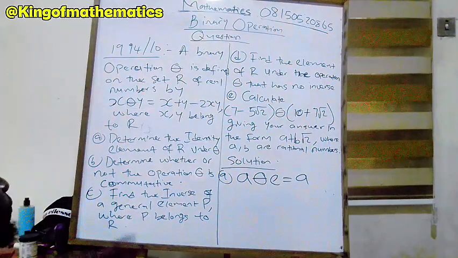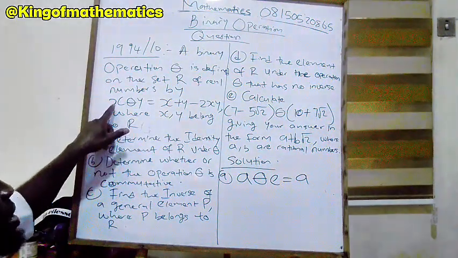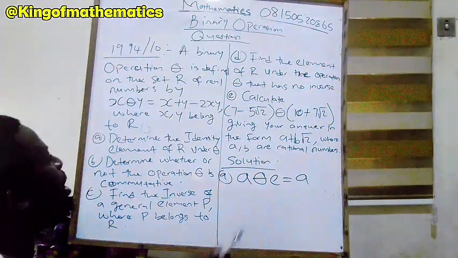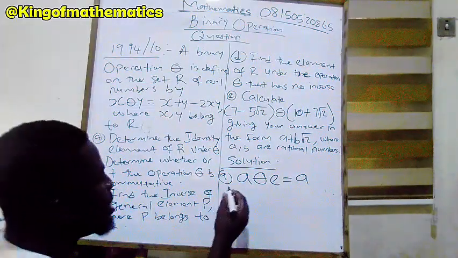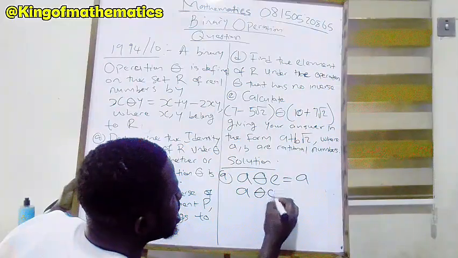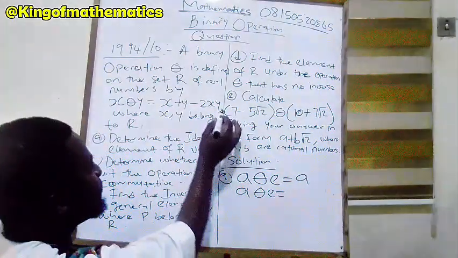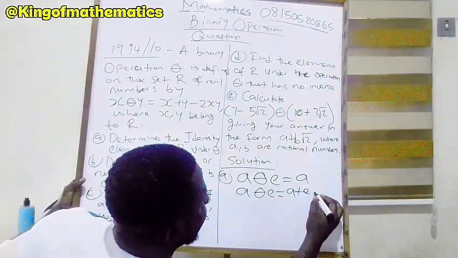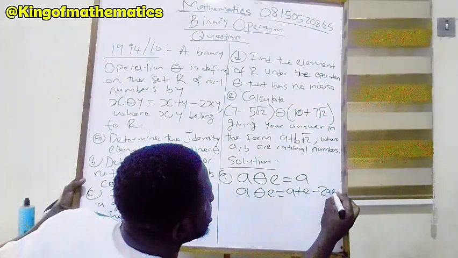Likewise, following what we are given, with this x and y, now our x is A and our y is E. So we can say that A operation E should give us, following their formula, A plus E minus 2AE.